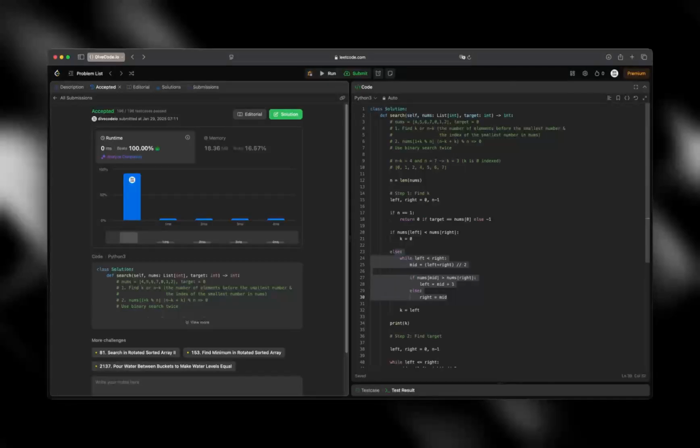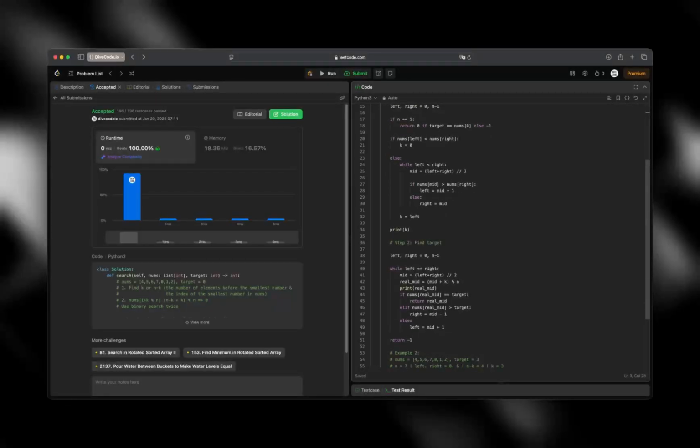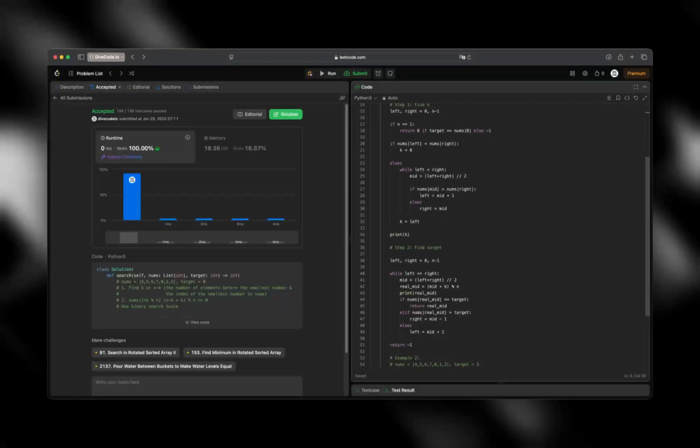Because with this while loop, actually what we did was find the index of the first element, so I should not call this k actually. Yes, this is not k.